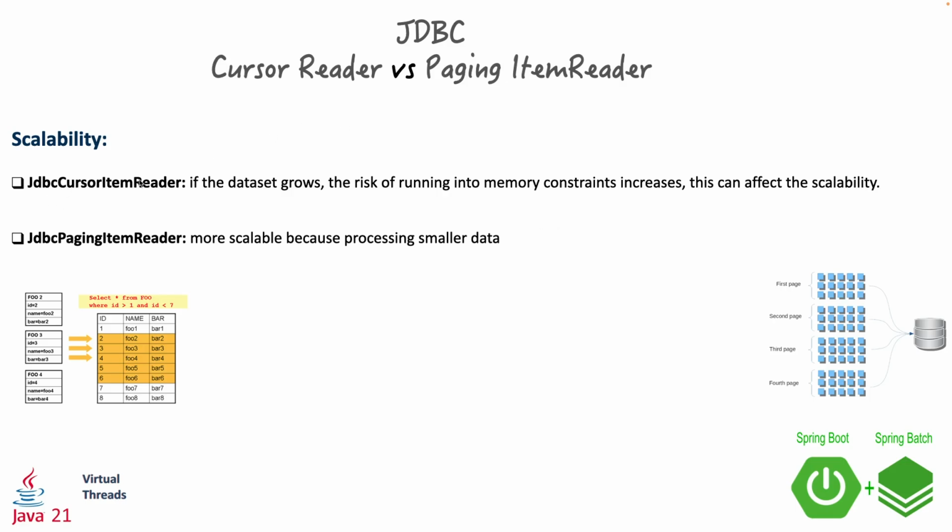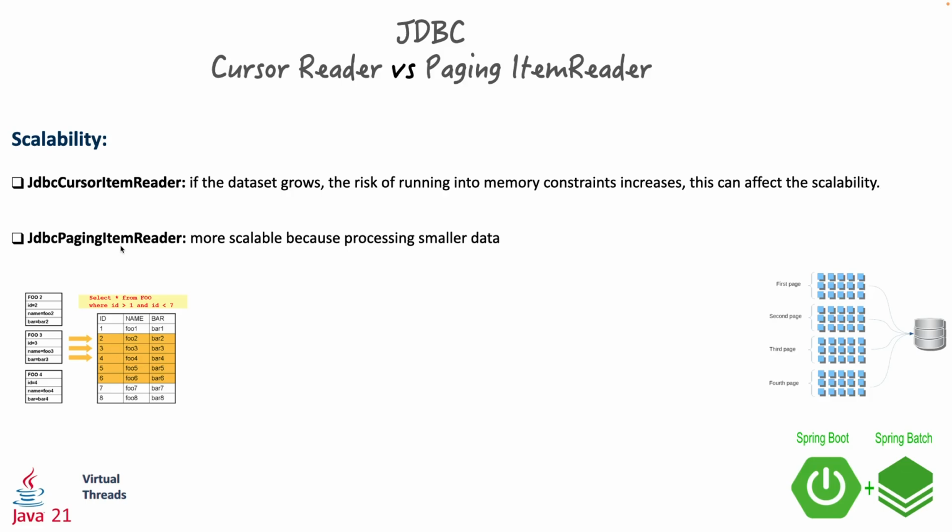So in my perspective, in my own opinion and based on my experience, I suggest you use the JDBC paging item reader when you know that you're going to process very big objects.